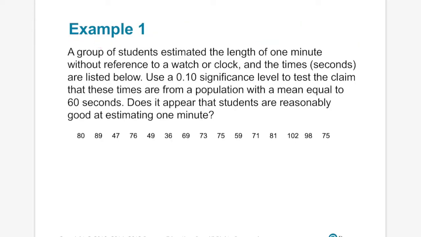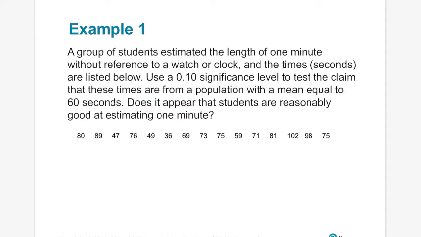Example 1. A group of students estimated the length of 1 minute without reference to a watch or clock, and the times in seconds are listed below. Use a 0.10 significance level to test the claim that these times are from a population with a mean equal to 60 seconds.